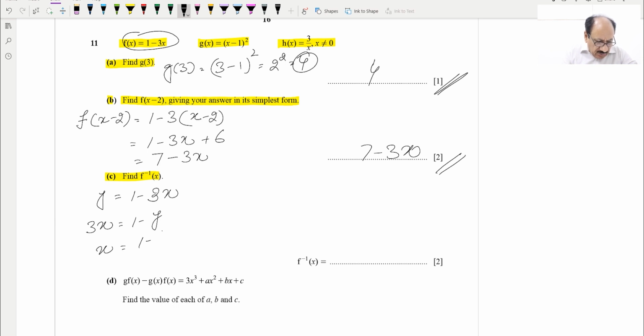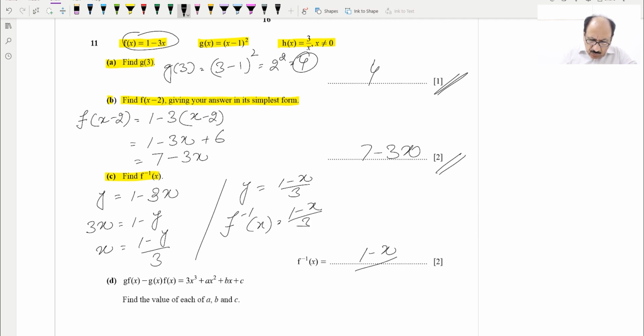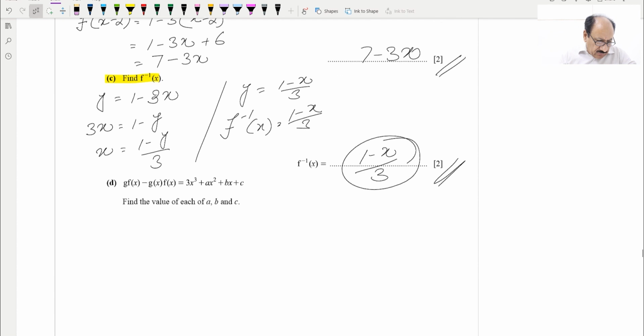This will be (1 minus y) over 3. Now we can swap x and y, so y will be equal to (1 minus x) over 3. So this implies f inverse of x is equal to (1 minus x) over 3. This will be our final answer for 2 marks. Hopefully you understand this as well.